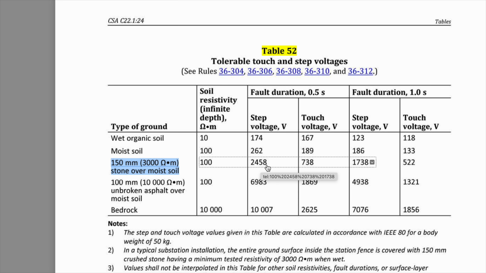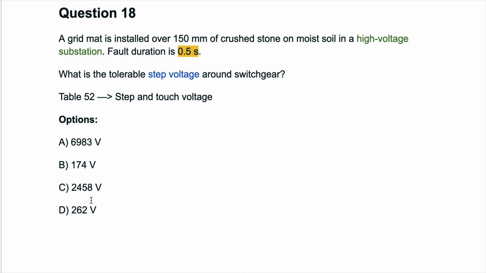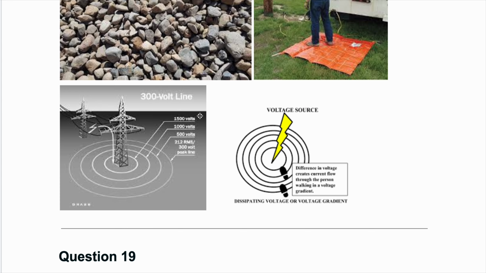So if you just make a step, you can immediately die because of 2.5 kilovolts. It's too high. It will kill you. Okay, so this one is the correct answer for this question 18.